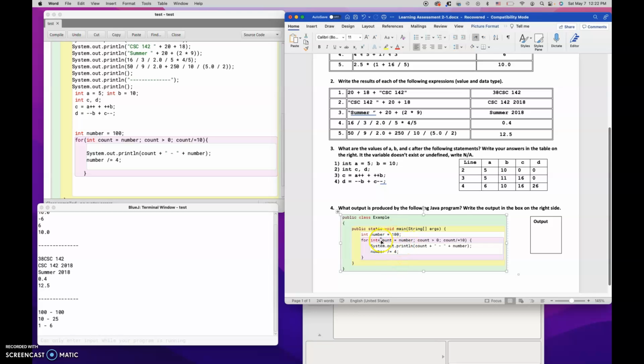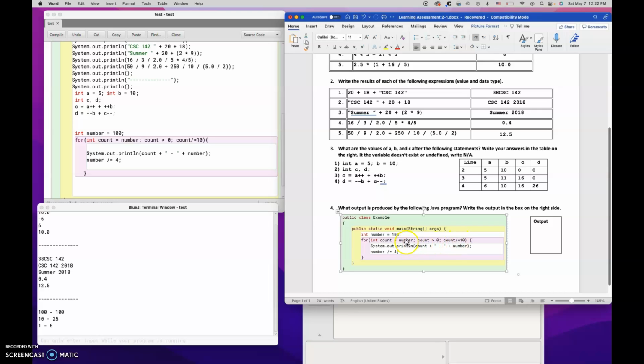We have count equal 10, since the result here will be 10, divided by the step 10, which is 1. The count will be 1.